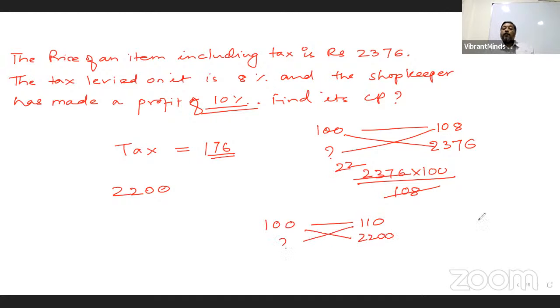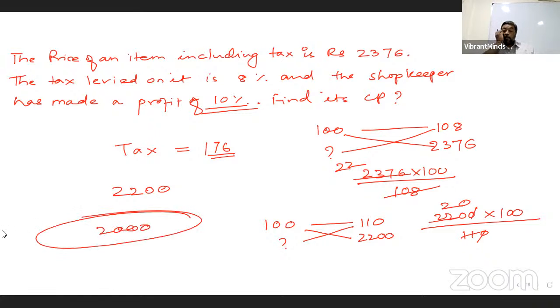So what will be the cross multiply? 2200 into 100 divided by 110. 11 2s are 22, so 20 into 100, and 2000 is the cost price. What is the cost price? The cost price is 2000.